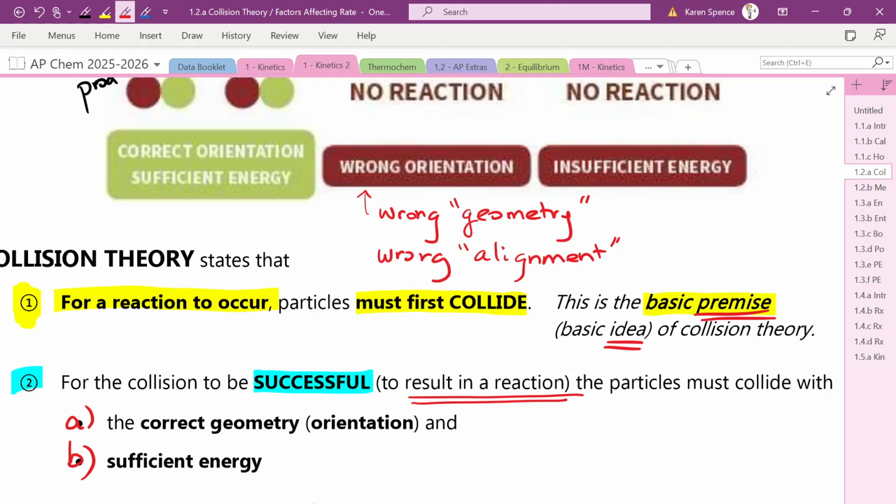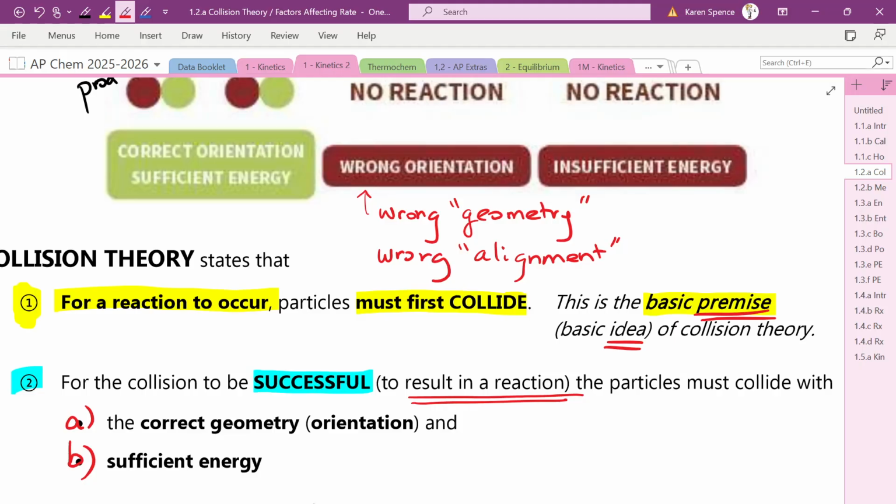Although I kind of lied there, because even if you have the correct orientation, what if these particles are moving super slowly? Is there enough energy there to break these bonds? No, and if you cannot break the reactant bonds, then you can't form new bonds, new products.